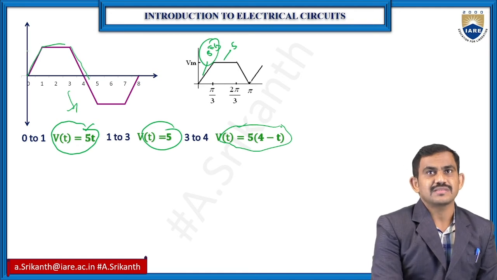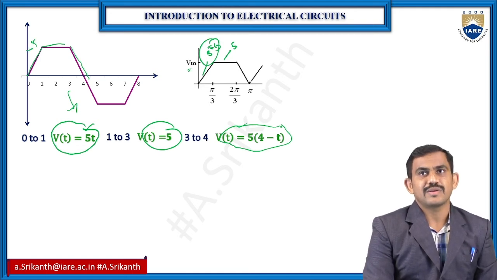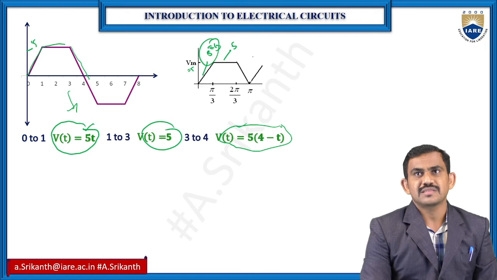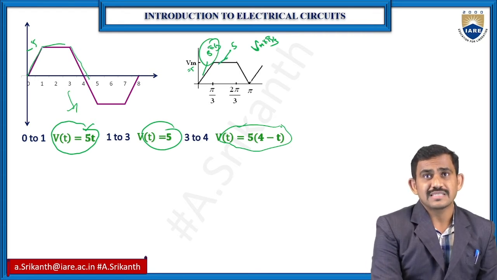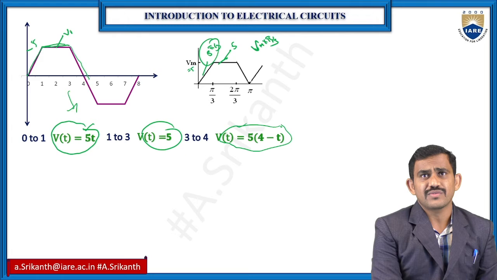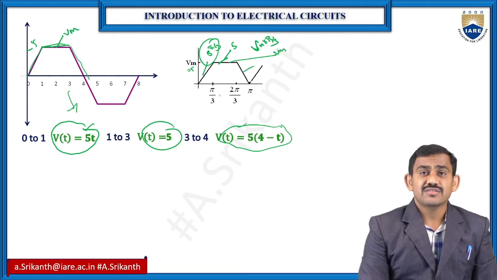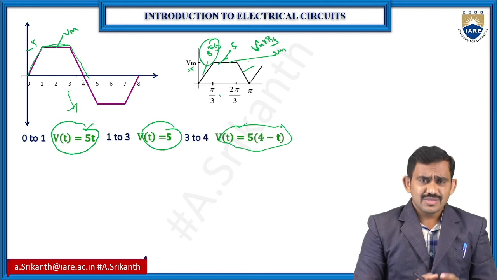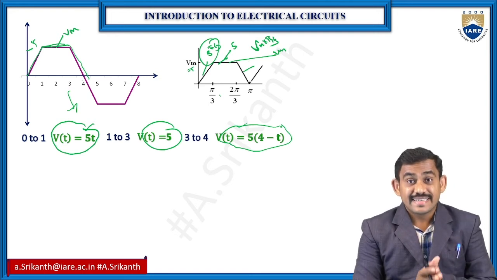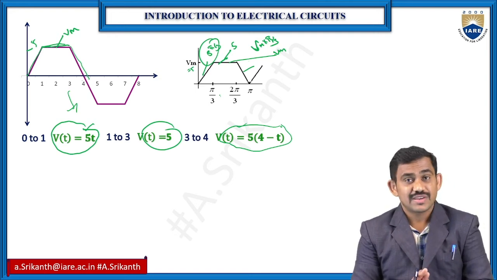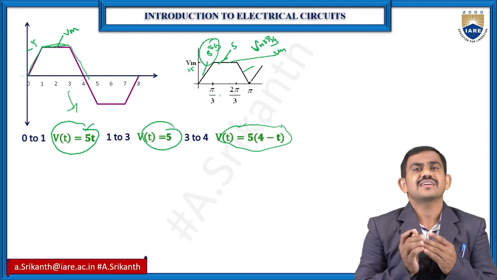If Vm equals pi, then we take pi; otherwise Vm means Vm into pi by 3, and here a straight line for the square wave. For a square wave we get Vm. Again decreasing slope, we get the slope form. So this is about the different time periods. We have different equations, and for each equation we will write the values.